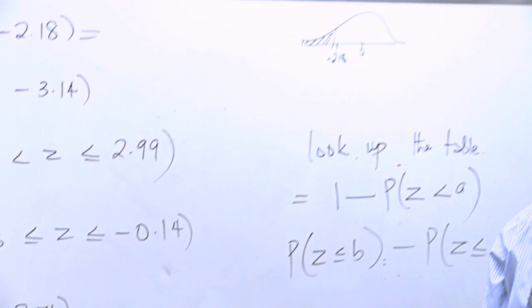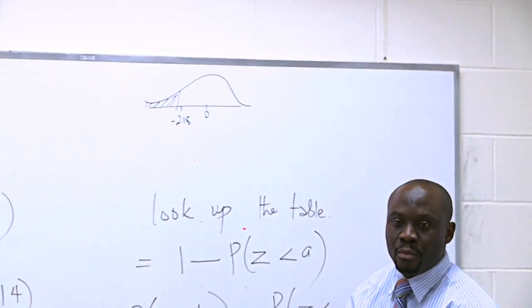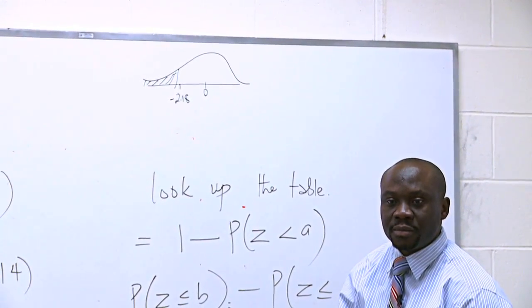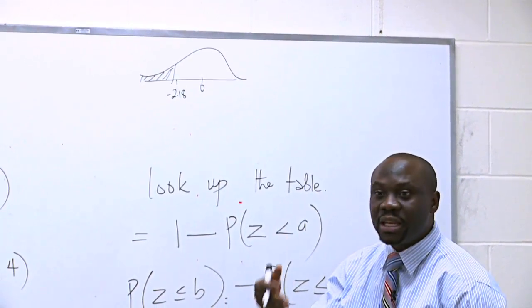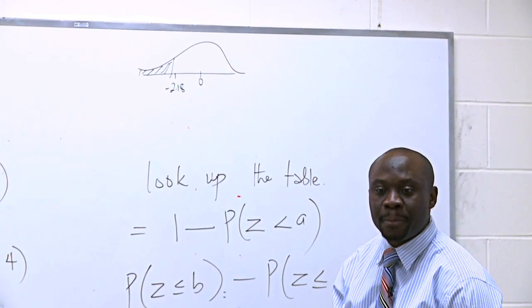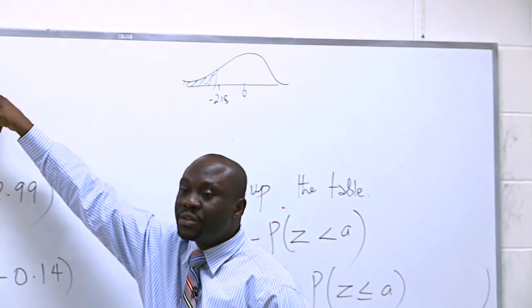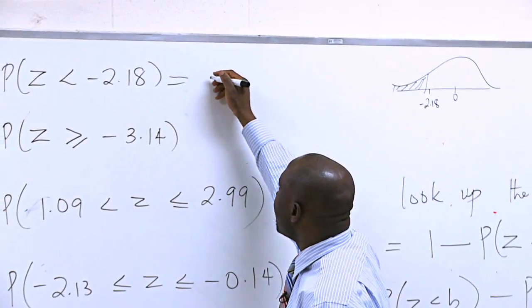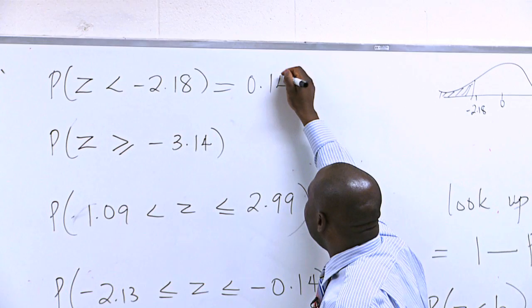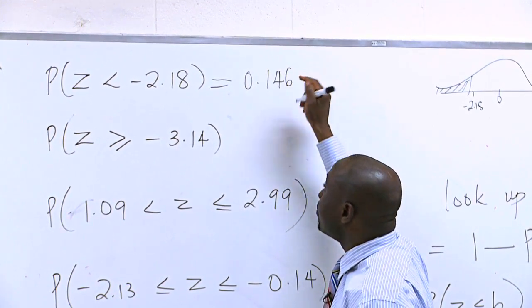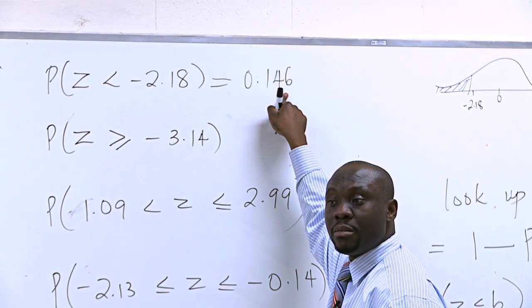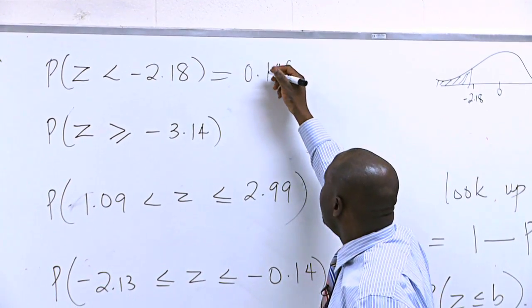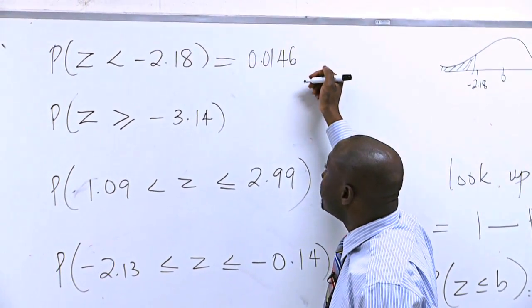If it's a negative number, you use your negative z-scores. That's why you have two of them. So what is the answer to this one? 0.146? You go to the negative table.